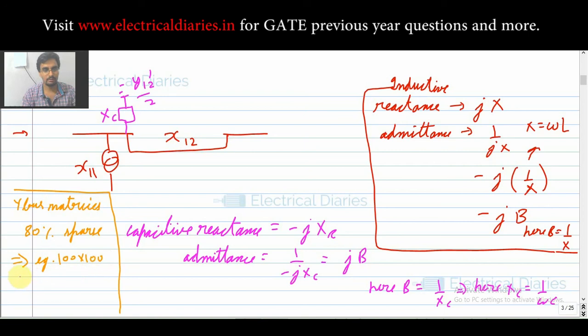So the number of elements will be 10,000. So 80% sparse means that the number of zero elements will be equal to 80 by 100 into 10,000. So it will come out to be 8,000 elements are zero out of the 10,000 elements. So that is the meaning of sparse.